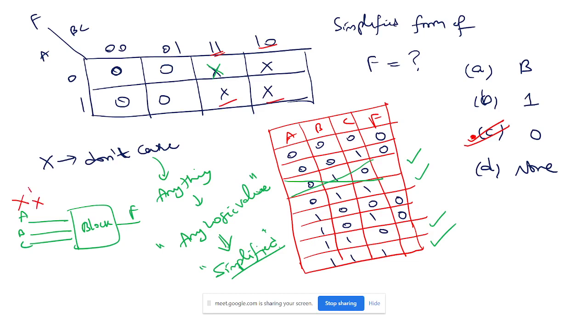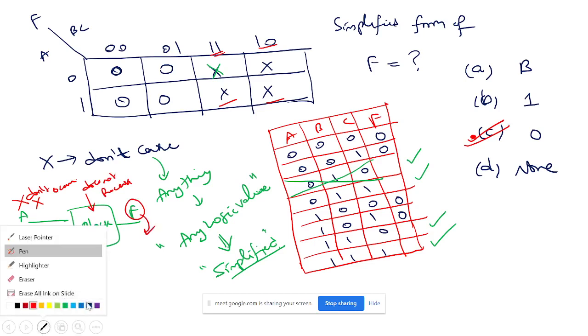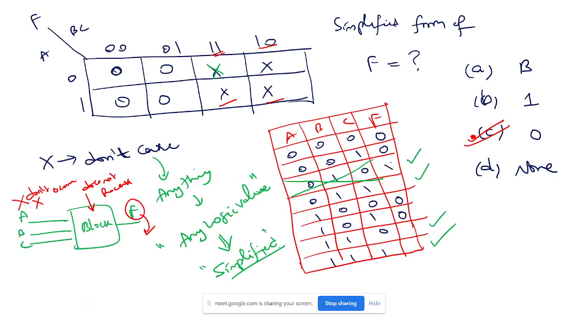They don't occur, or this block doesn't process those. That means F doesn't really care about these combinations. That means I can take whatever I want, correct? So it can be anything.